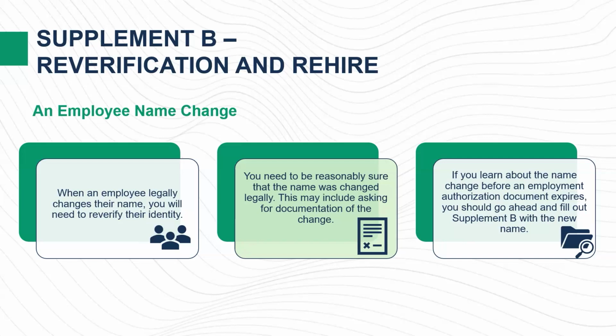And we say this because it does happen. Most of all, if you're going to do an employee name change, if you do it for one, do it for all. Consistency is definitely the key.